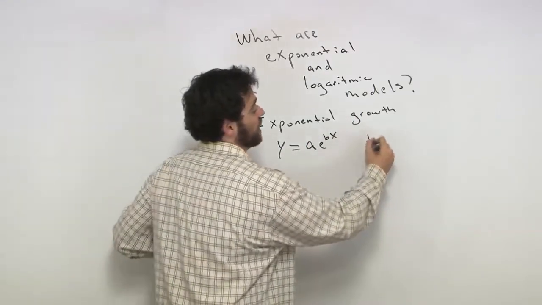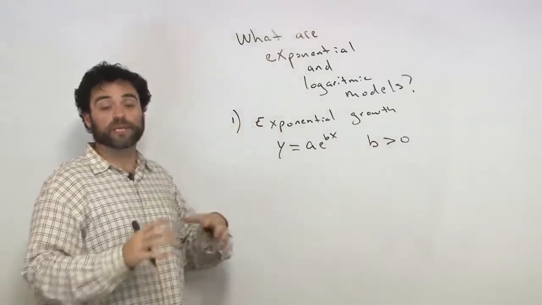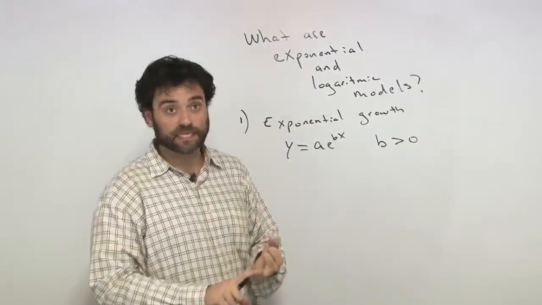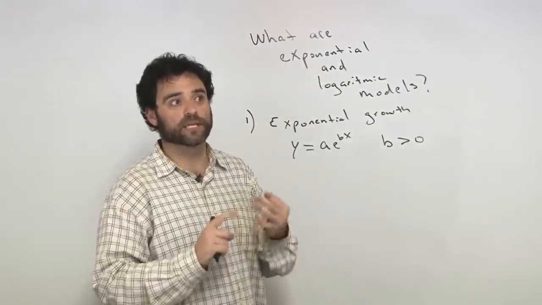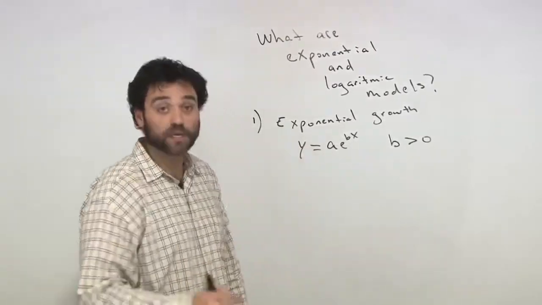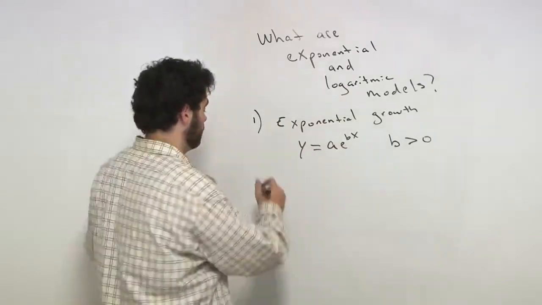That's growth, and b is obviously greater than 0. Things are getting bigger, growing exponentially. Population, disease, debt, all growing exponentially. Obviously, we have growth. We have to take a look at the other side, exponential decay.